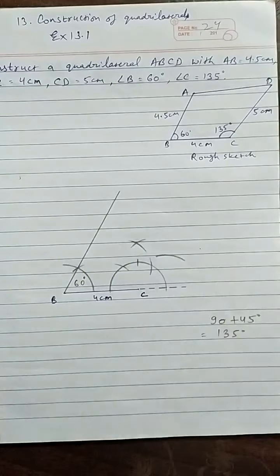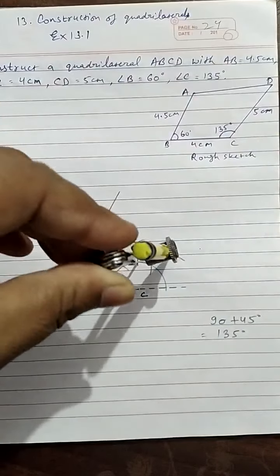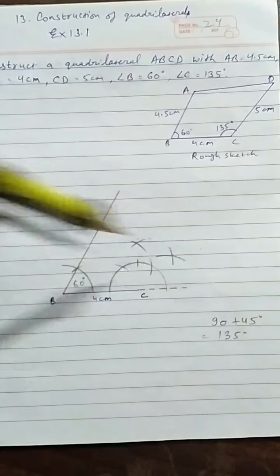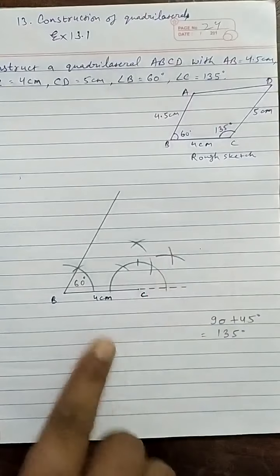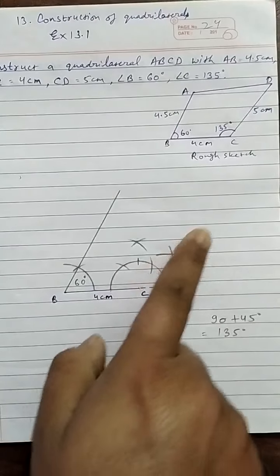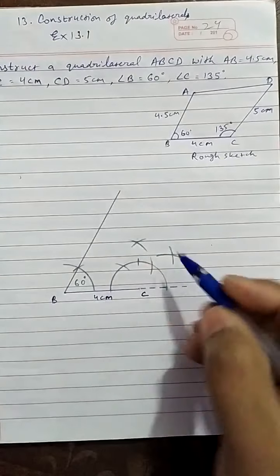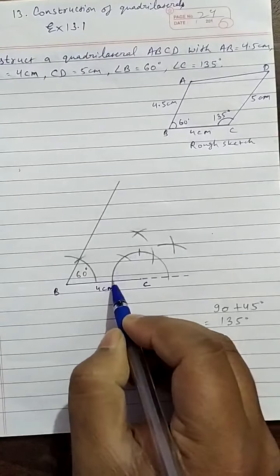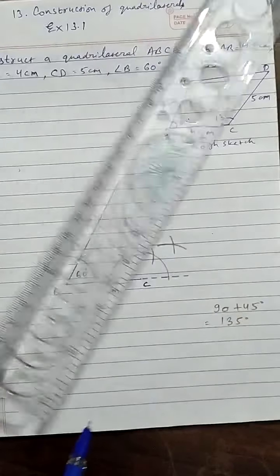Take an arc here, and from 90 take an arc. So this intersection is the bisector of 0 and 90. So it will give you an angle of 45 degrees. So this is 0, this is 90. 90 degrees plus 45 is 135 degrees.